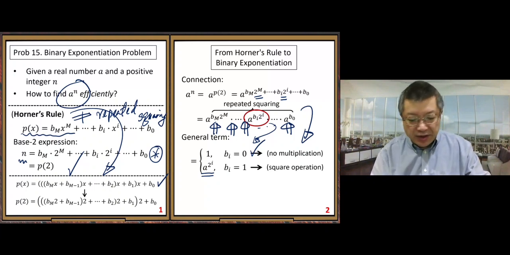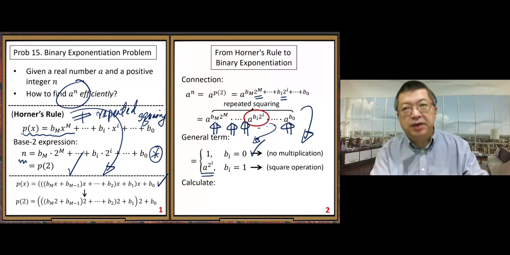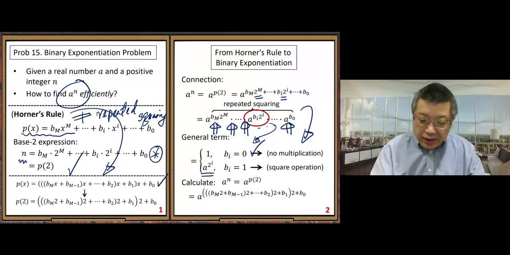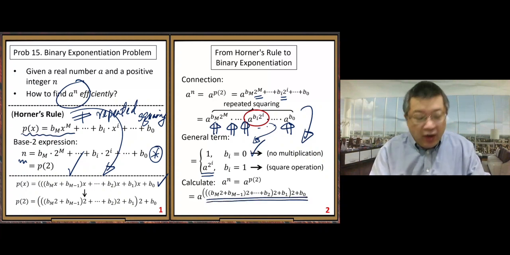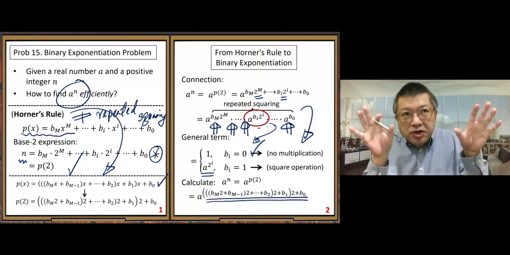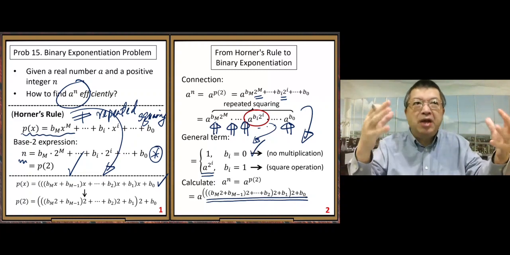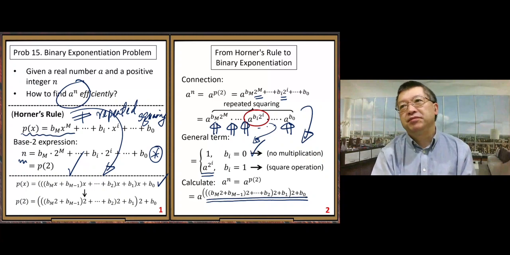Now let us write our a to the n in the Horner's rule way. This time, we organize those bits based on the Horner's rule special arrangement.